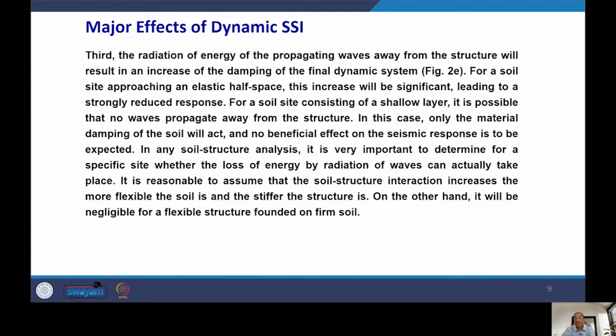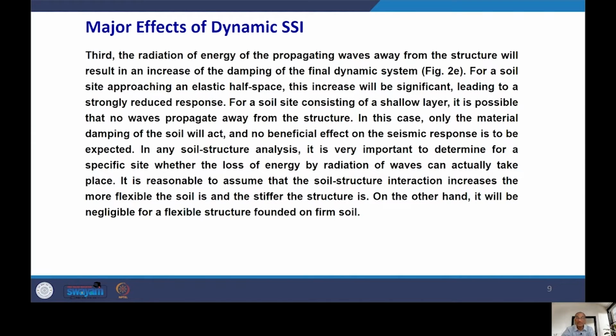Now, in any soil structure interaction analysis, it is very important to determine for a specific site whether the loss of energy by radiation of waves can actually take place. So we need to understand if we can estimate that there is a loss of energy due to radiation damping, whether it is there or not.